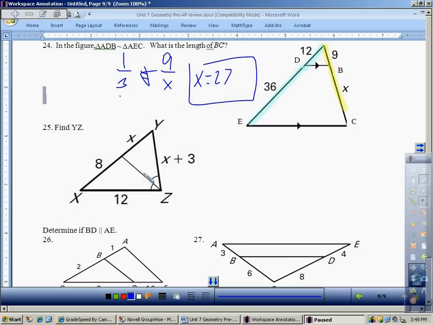In 25, we know that an angle bisector segments the side opposite it proportionally to the two sides. So I know that if I set up the proportion, x plus 3 is to 12 as x is to 8. So with that proportion, I can cross multiply and solve.